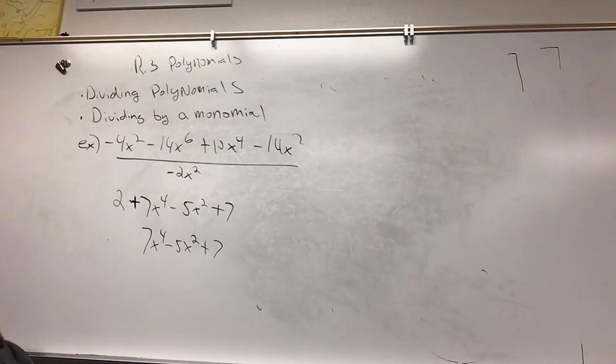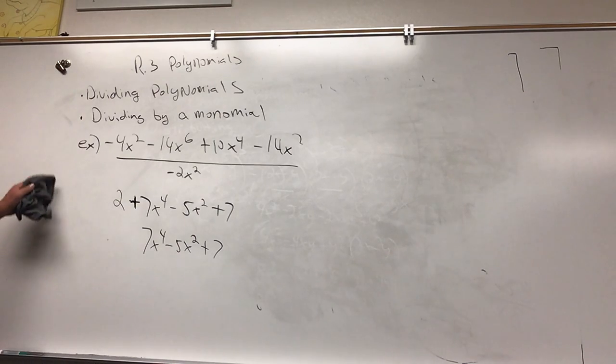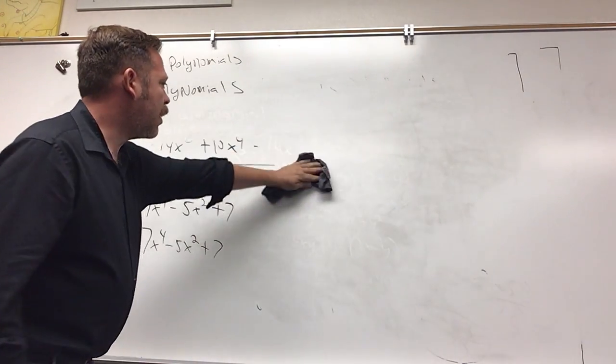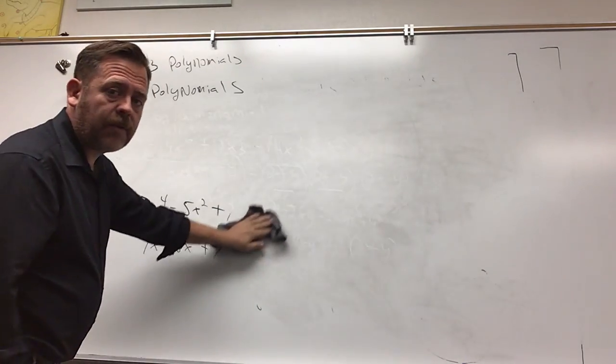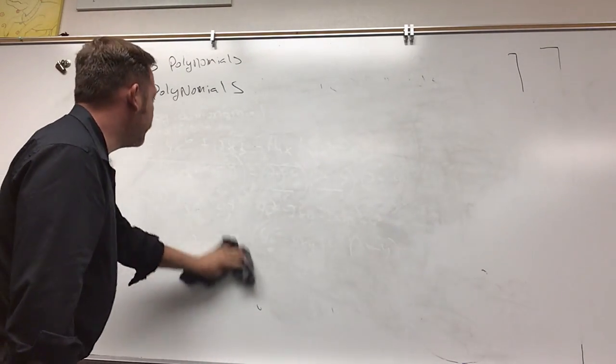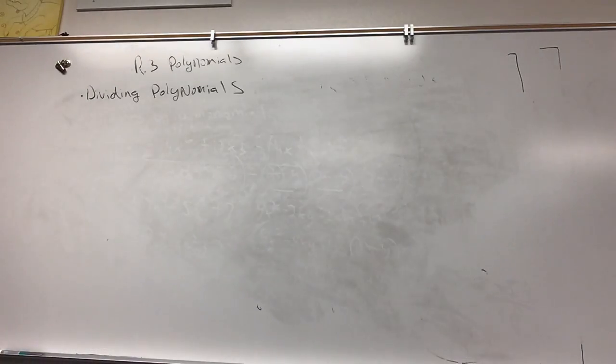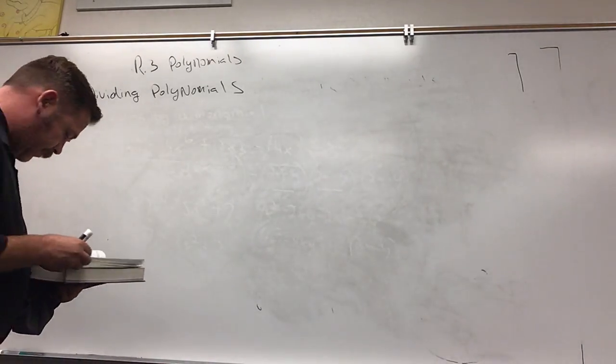Okay, now the next thing I want to do is dividing by a binomial, or really anything that's not a monomial. You can use this next method, which is long division of polynomials. I'm going to steal a problem from the book if you don't mind.